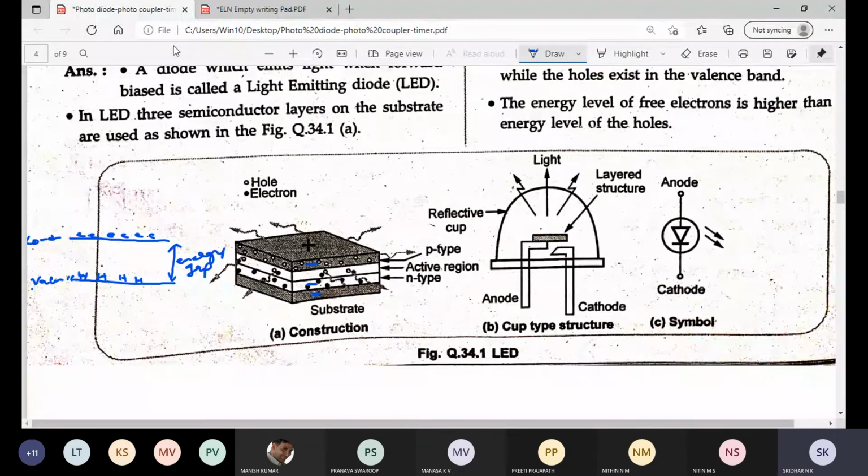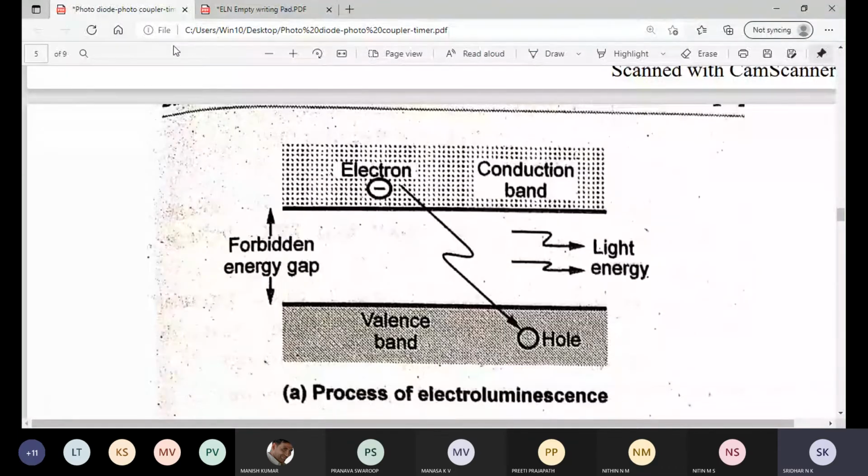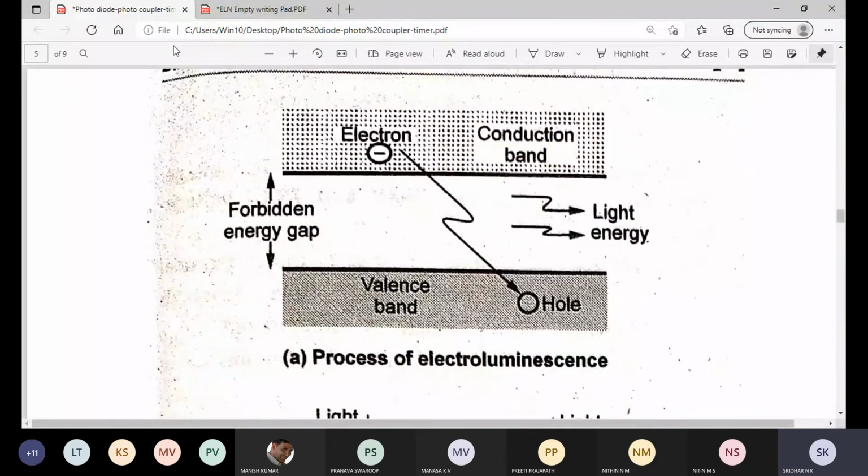Now I have one more diagram that will clearly make you understand. So this is what it is. You have conduction band and you have valence band. In conduction band you have free electrons, and in valence band you have holes. So whenever the PN junction is forward biased, what happens?